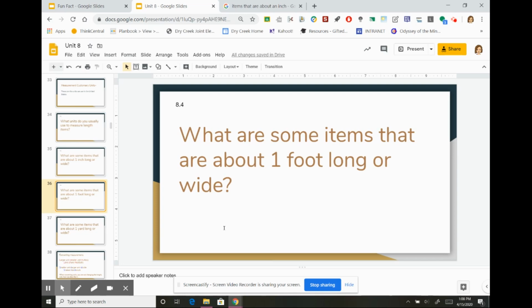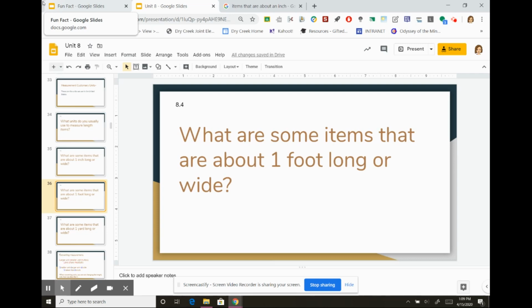Okay, now that you're back, what I found in my house that are about a foot long: a box of tissue, a cereal box, and actually a foot. My foot is not quite a foot, but funny little story, the foot is called a foot because the measurement comes from, I believe it was a king of England way back when, who used his foot to measure items.